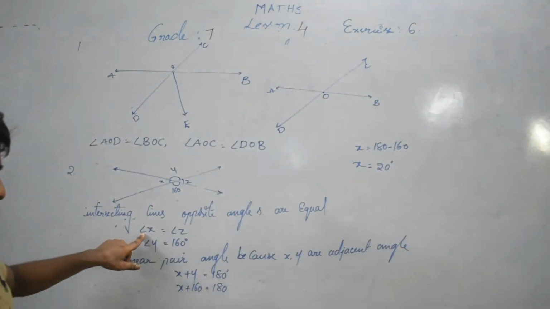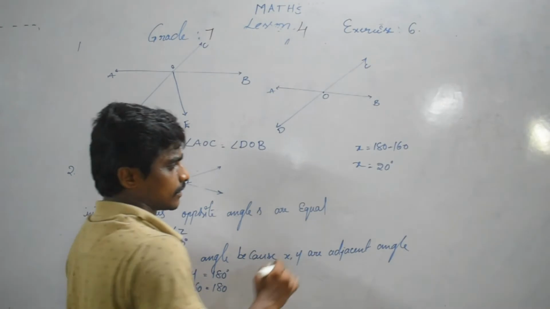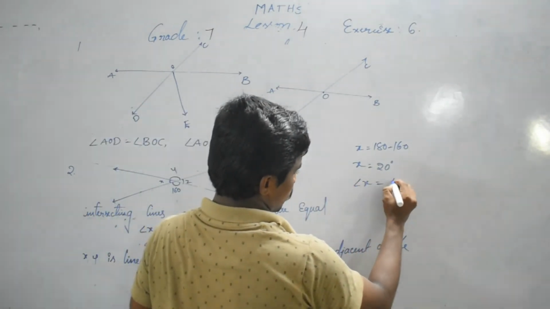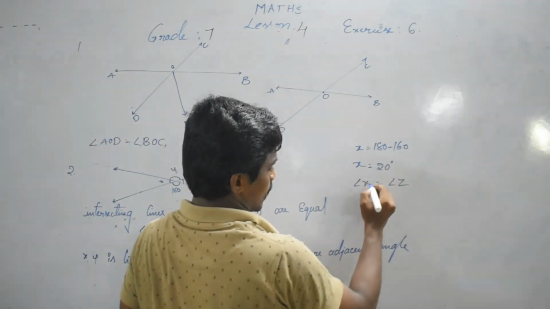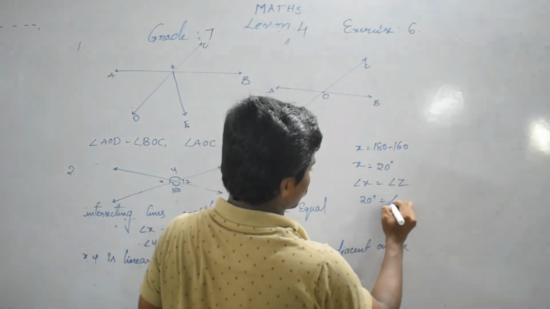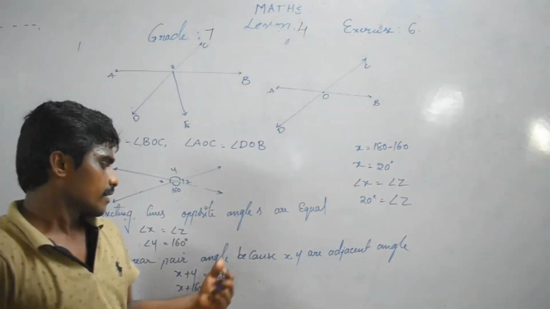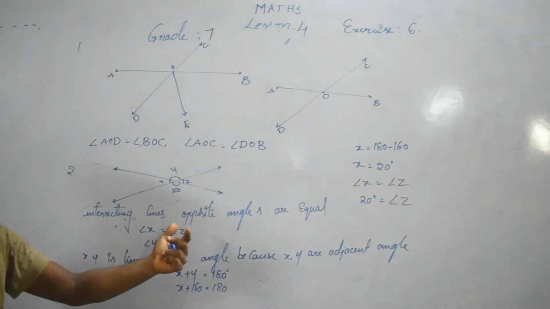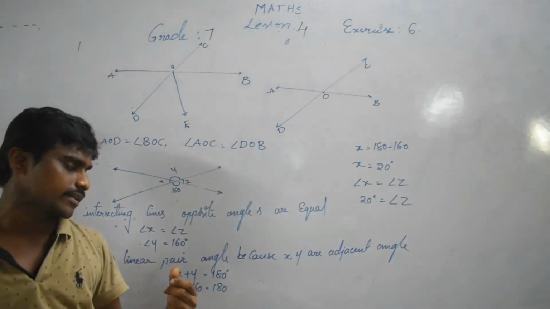So here angle x is equal to angle z. Angle x is 20, so angle z is 20. So angle x is how many degrees? 20. Angle z is how many degrees? 20.